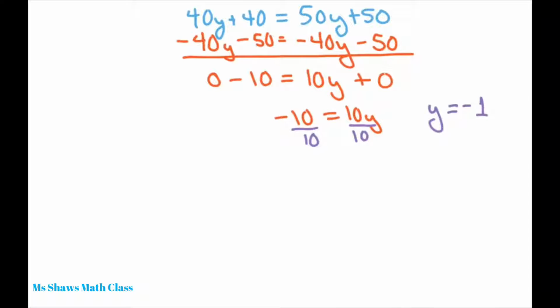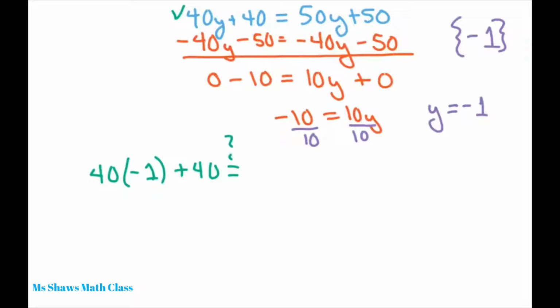All right, now our solution set should be negative 1, but we've got to check our solution by the property of substitution. So I'm going to replace every y with negative 1 and see if the left-hand side of the equation equals the right-hand side of the equation.